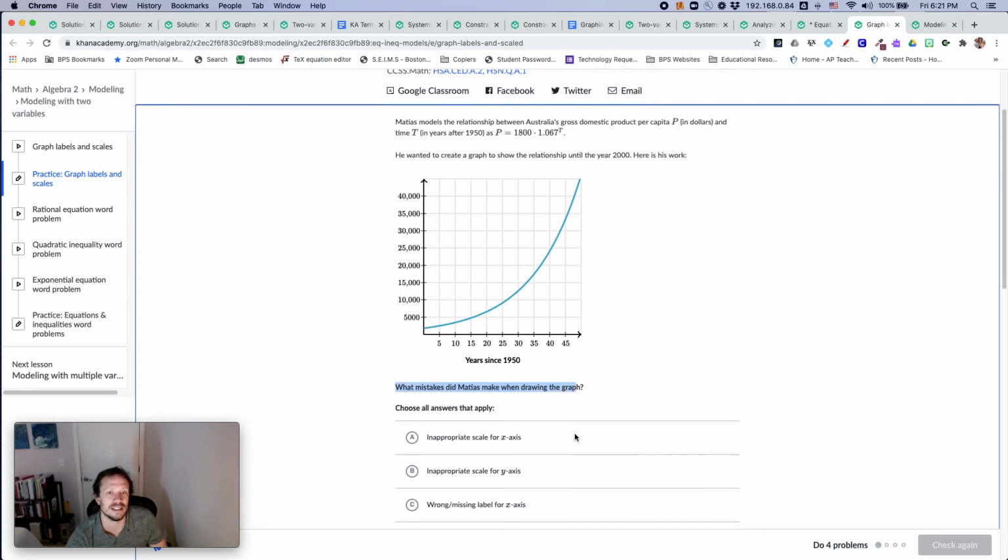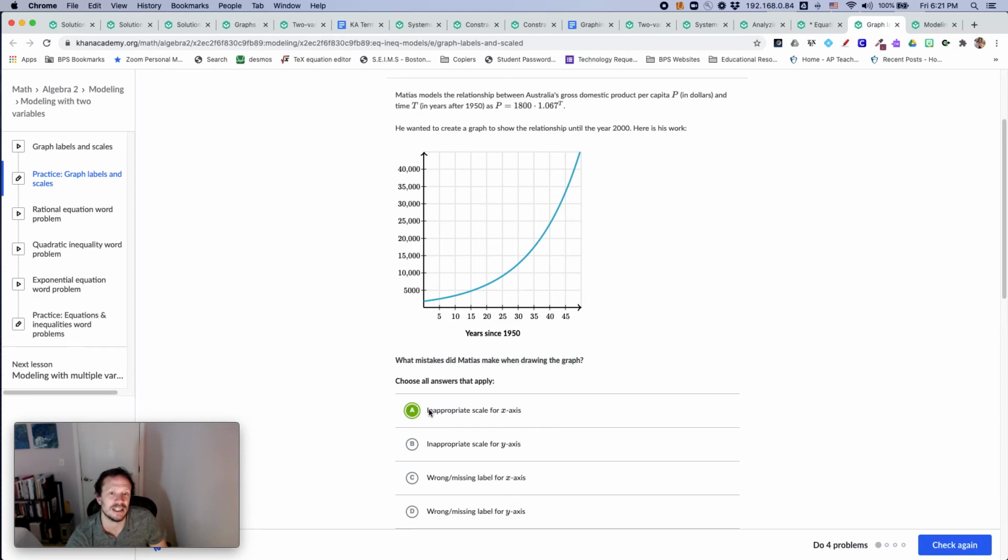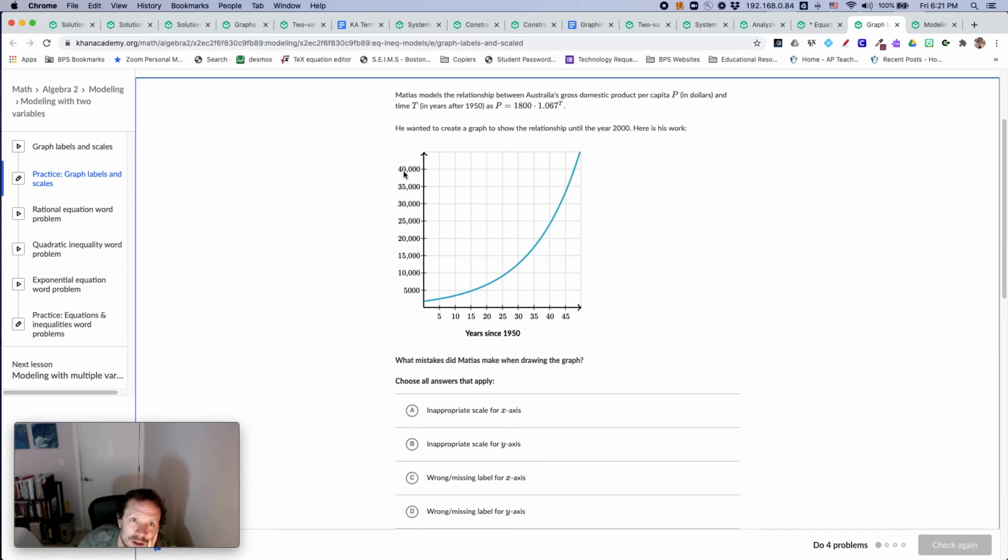You realize that what you need to do is really just look at the graph. Inappropriate scale for the x-axis. Well, that's going to take us some seconds to figure out if that's right or wrong, right? We might need to look up here. Inappropriate scale, I need to know what this x-axis is measuring. Inappropriate scale for the y-axis, same thing. I need to know, it doesn't say over here what this is measuring.